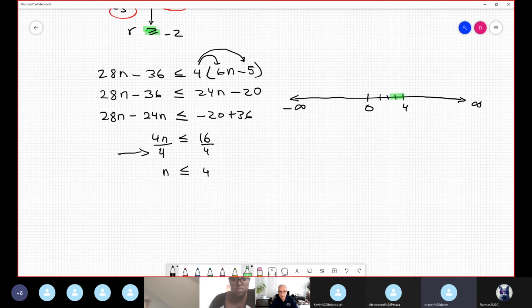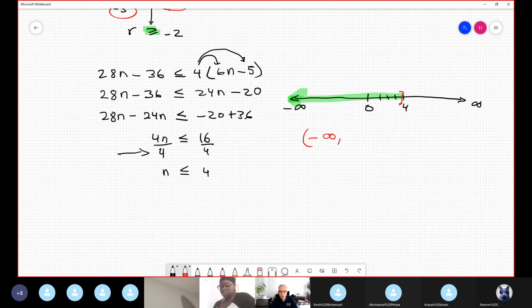To the left. Okay, now, include 4 or no? Parenthesis or bracket? Bracket. Bracket, very well. So now the answer in interval notation is parenthesis minus infinity, comma, 4 bracket.